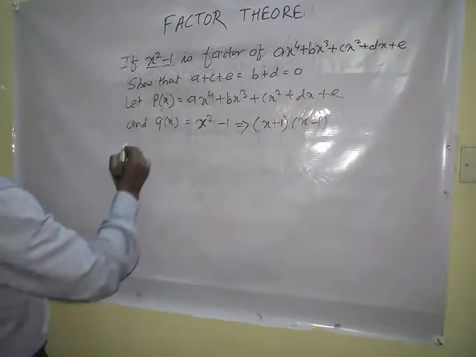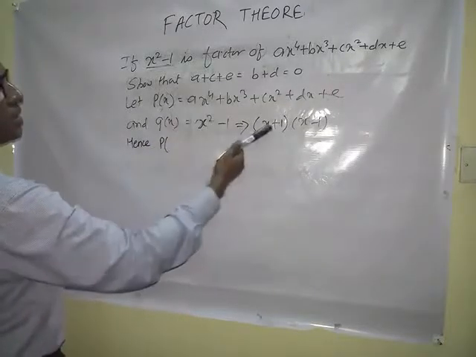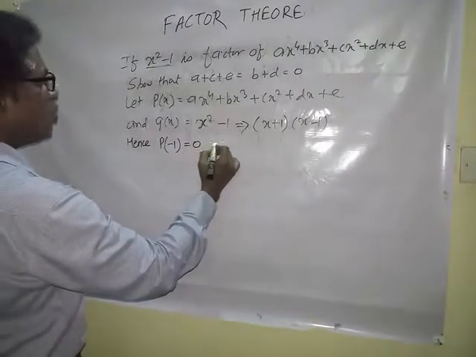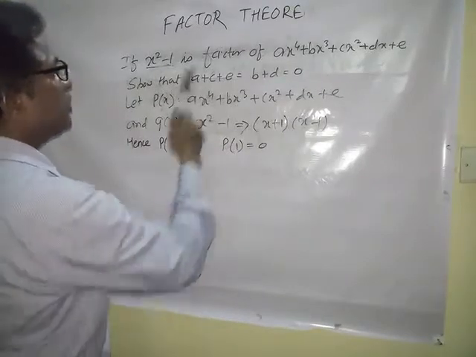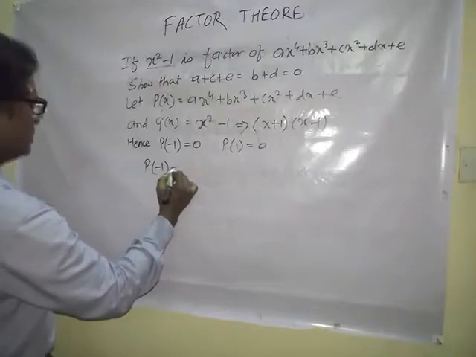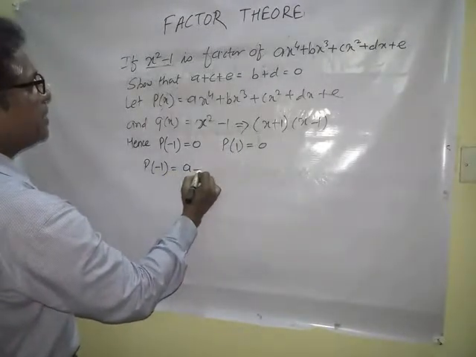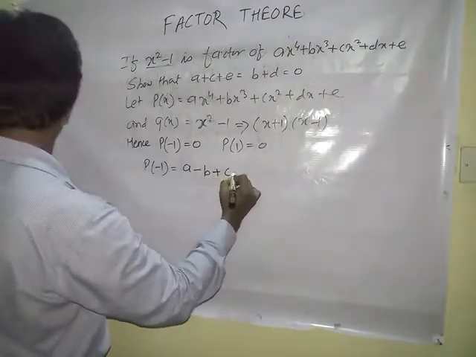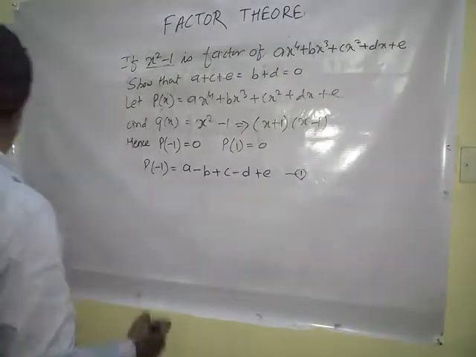Okay, hence p(-1) equal to 0 and p(1) equal to 0. Now put the value of minus 1 first. So p(-1), you will get an equation something like that, a minus b plus c minus d plus e, that is equation number 1.